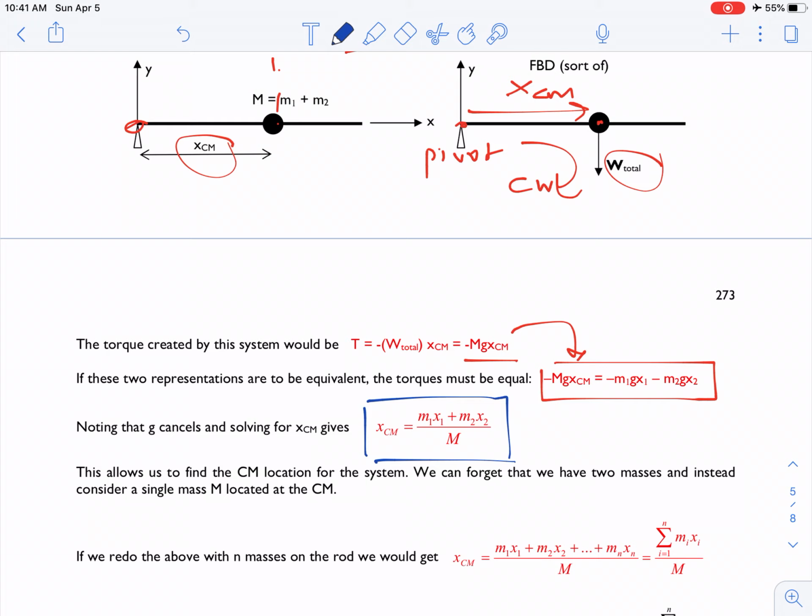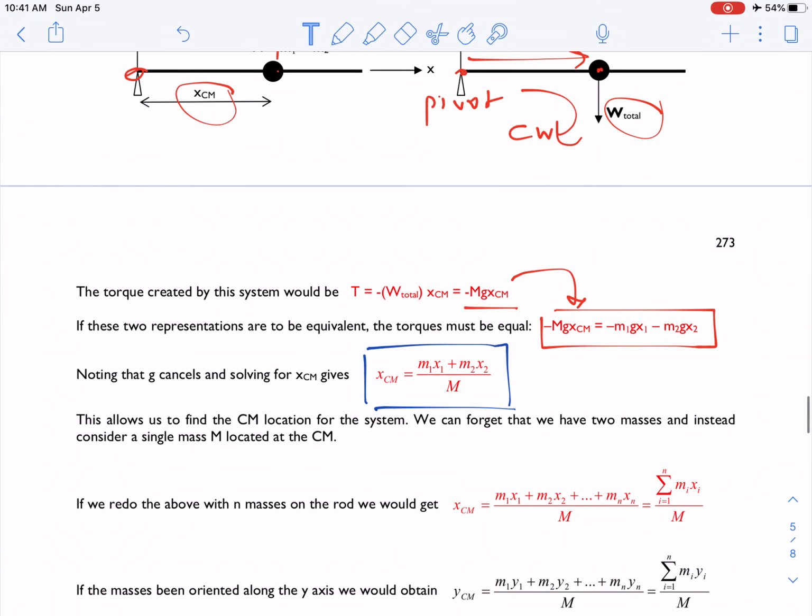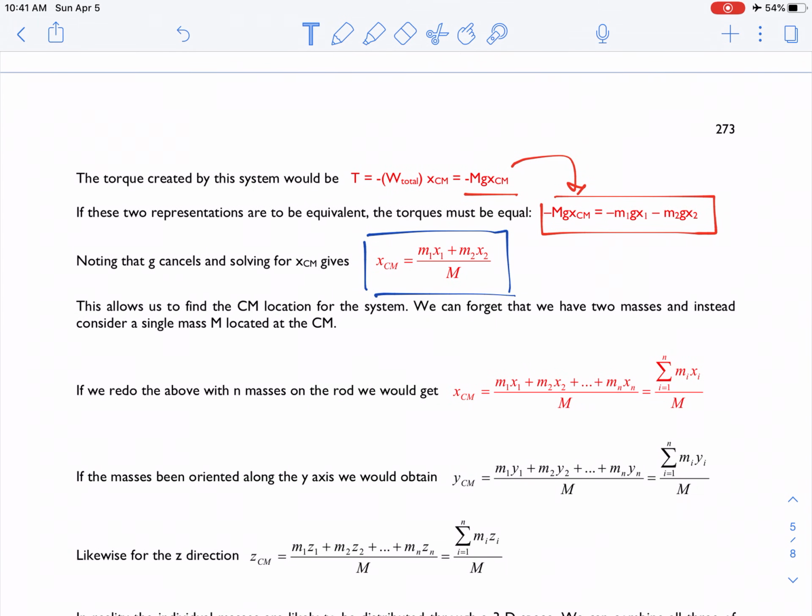For the combined system, okay? This allows us to find the center of mass location for the system, and we can forget that we have two masses and instead consider a single mass, capital M, located at the center of mass. And that will make our solution much easier.